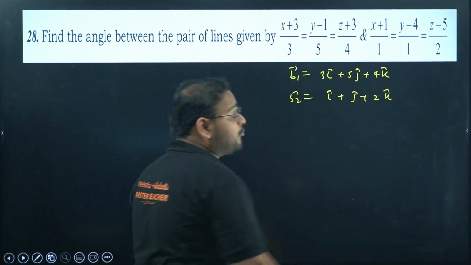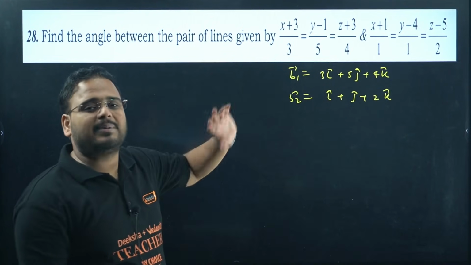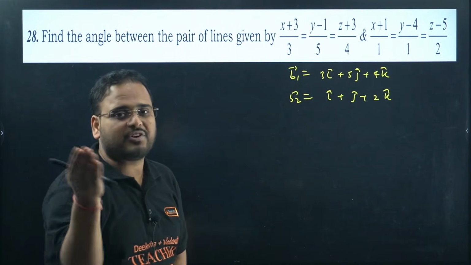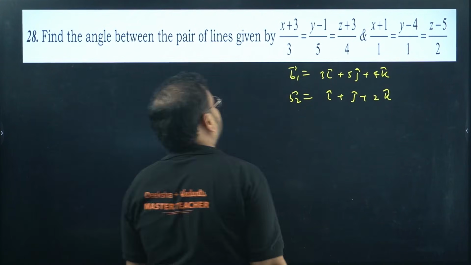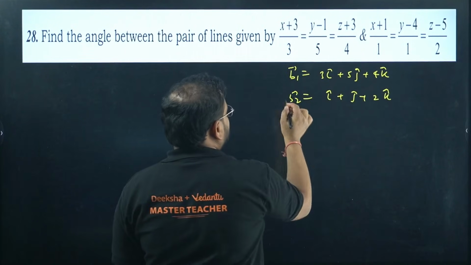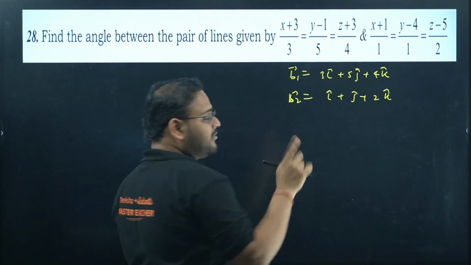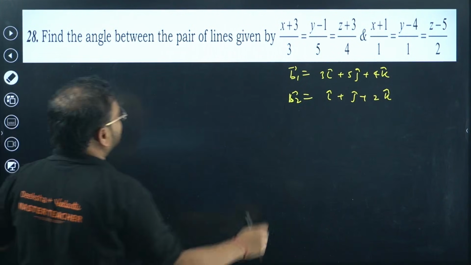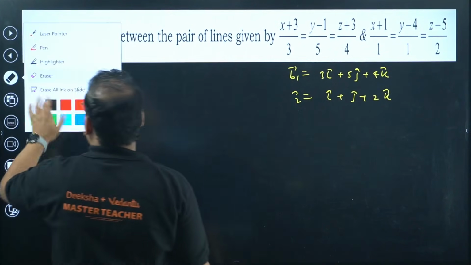If it is not 1, we have to make 1. How do you do that? By multiplying with -1 or something like that, okay? Or taking whatever is the coefficient, taking it common from x, y, z and putting in the denominator. That's why I said make sure this is always 1. Make sure your coefficient of x, y, z is always 1. Okay, super.